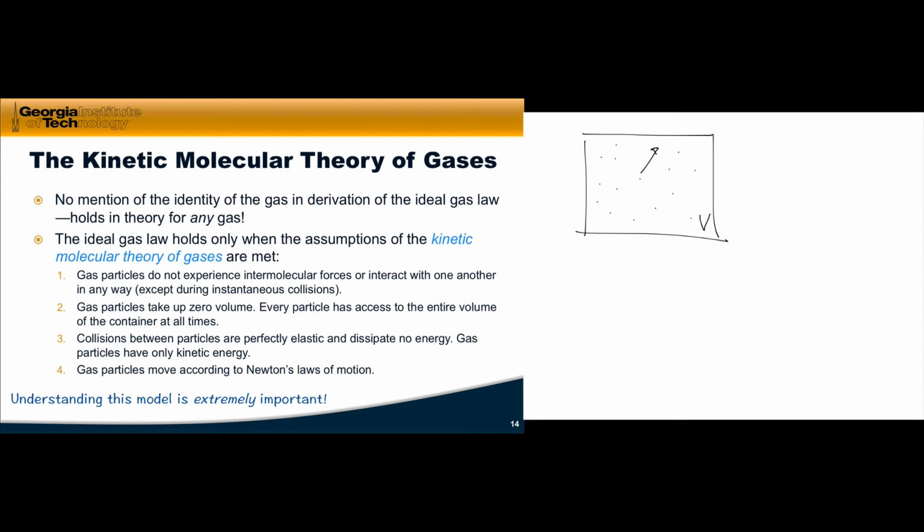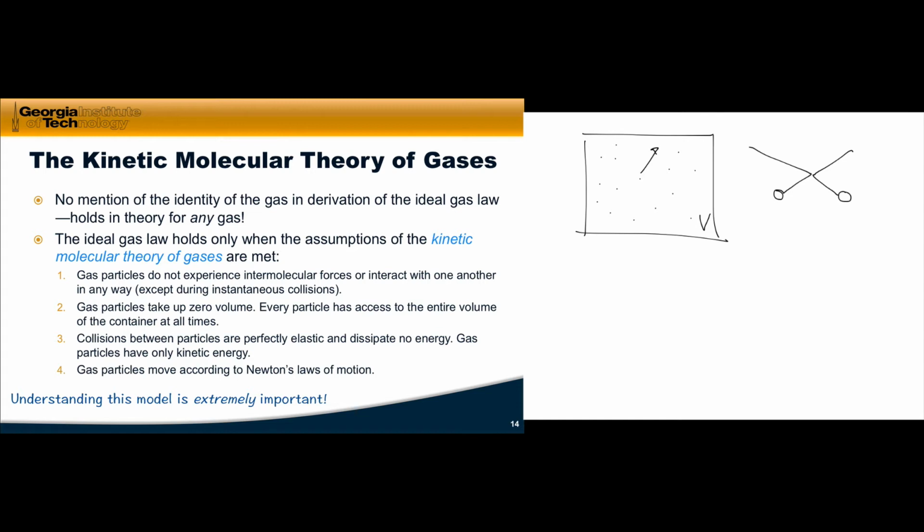Assumption 3 is that collisions between particles are perfectly elastic and dissipate no energy. The kinetic energy before a collision is equal to the kinetic energy after a collision, and by extension, gas particles have only kinetic energy. So for example, when two particles collide with each other, they can't transfer their kinetic energy into a different form of energy.